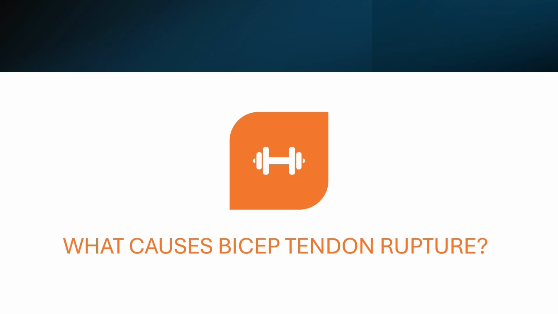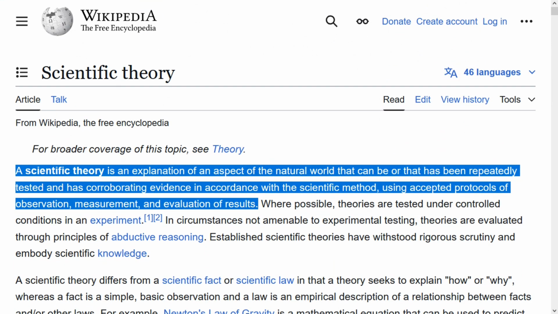Okay. And to make this as scientific as possible, we are gonna look up the scientific theory definition from Wikipedia. A scientific theory is an explanation of an aspect of the natural world that can be or that has been repeatedly tested and has corroborating evidence in accordance with the scientific method, using accepted protocols of observation, measurements, and evaluation of results.